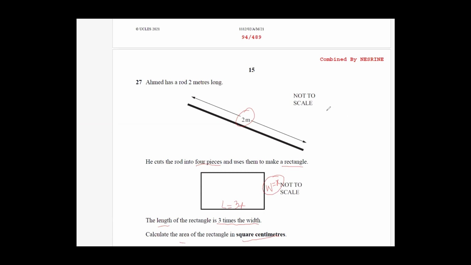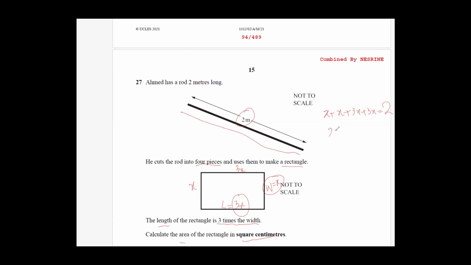That means if you add x and then x and then you add this 3x and this 3x, that should be equal to the complete length of this rod, that is 2 meters.